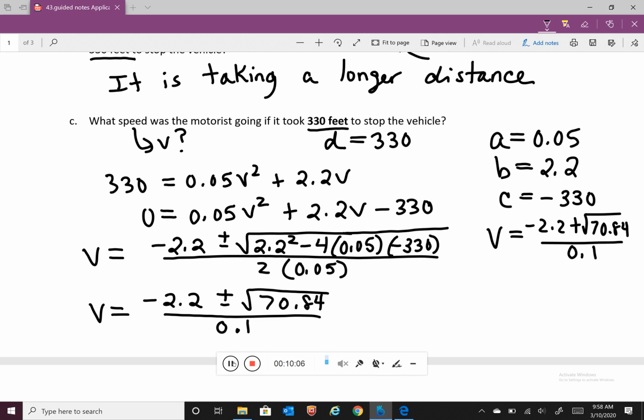So I actually want you to take a few seconds here. Remember to put in your calculator negative 2.2 plus the square root of 70.84. I would press enter and then divide by 0.1. Now, we made the hypothesis that this is going to be a speed more than 40 miles per hour.